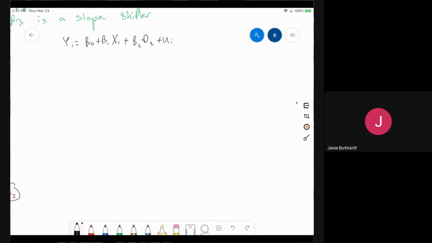Now what does it look like when we graph this? We're going to get two lines, and the lines depend on what d2 is doing. That's beta 0.